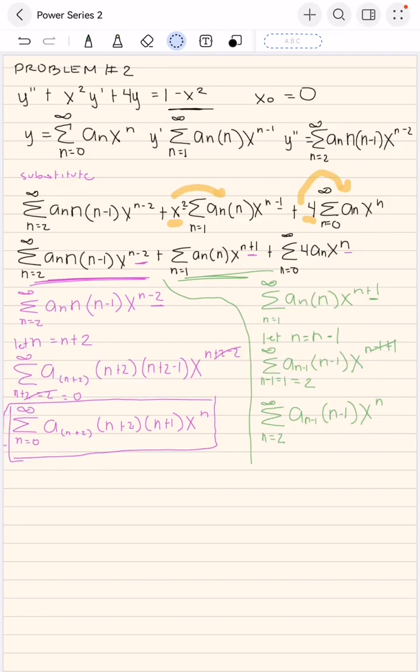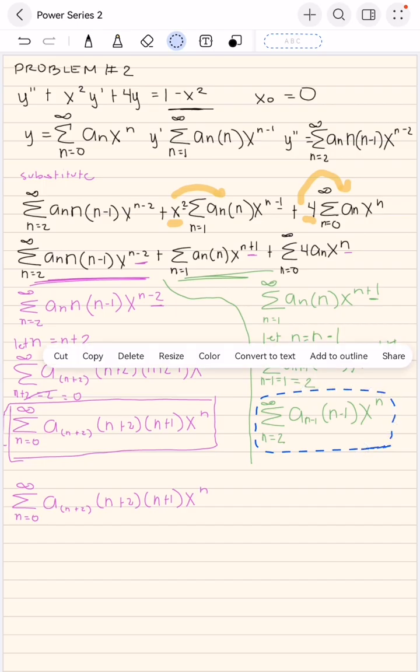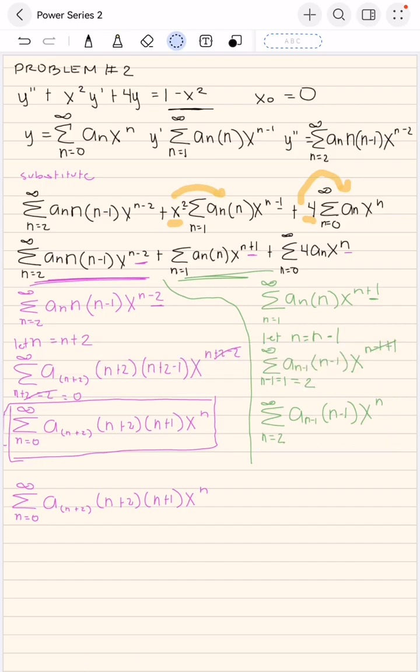Let's copy, paste. Can we change this color to black? No, we cannot. And then this one, let's copy this.